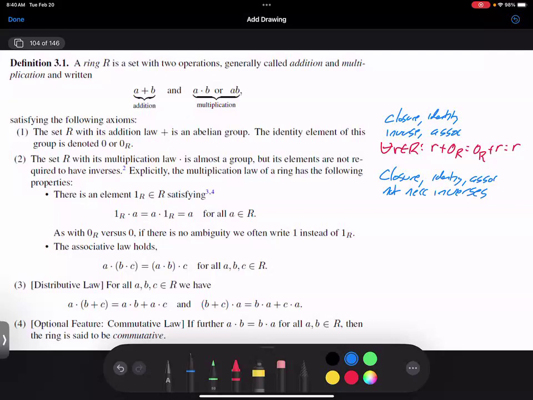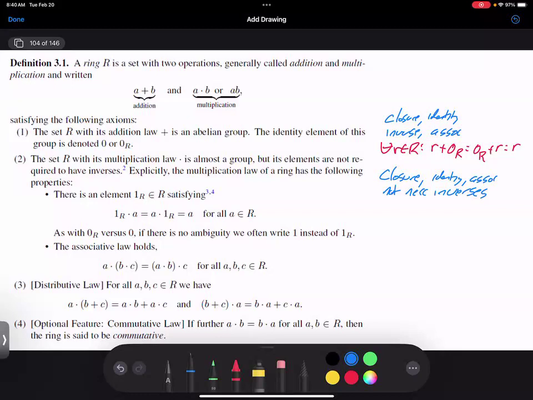Can somebody give me an example of a set that's almost a group where you don't necessarily have inverses? The natural numbers. And so the natural numbers under multiplication would work, at least if we don't include 0 as a natural number.